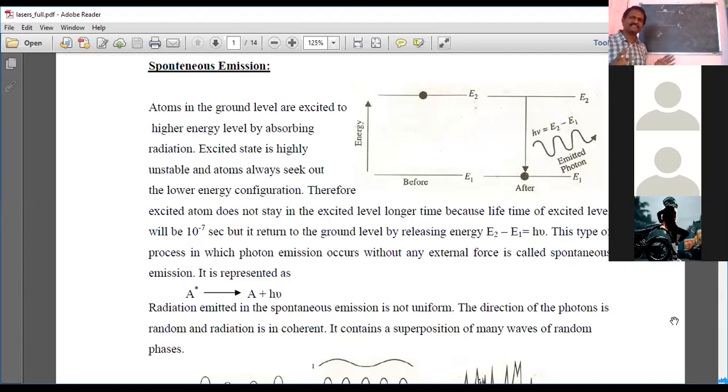They will always want to be stable by occupying the lowest energy state. How much time it is going to be present in the excited state is in the order of 10 to the power of -7 to 10 to the power of -8 seconds.